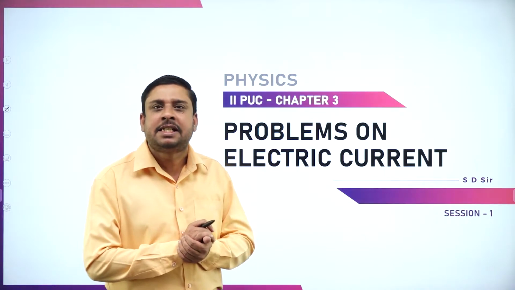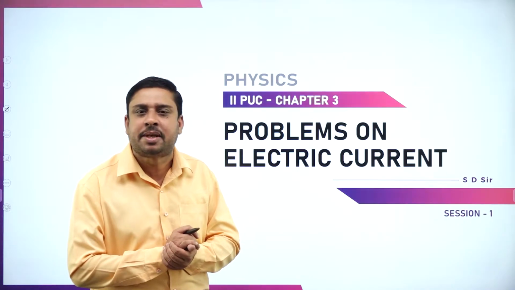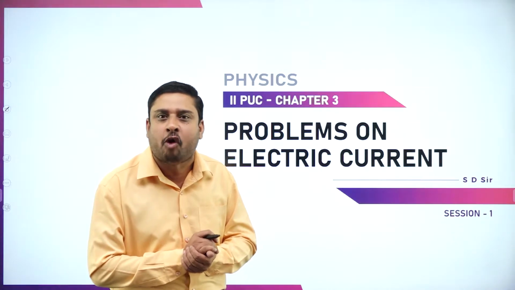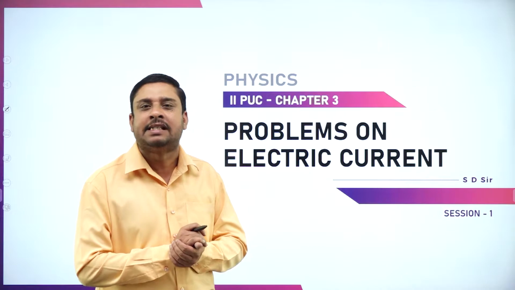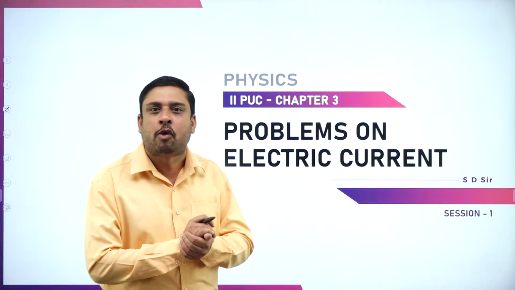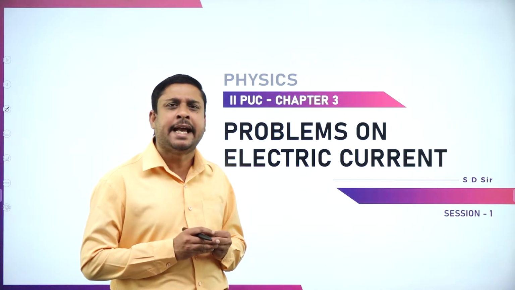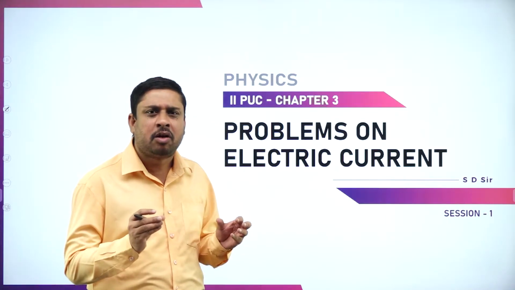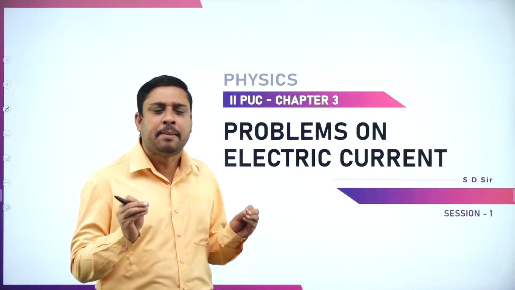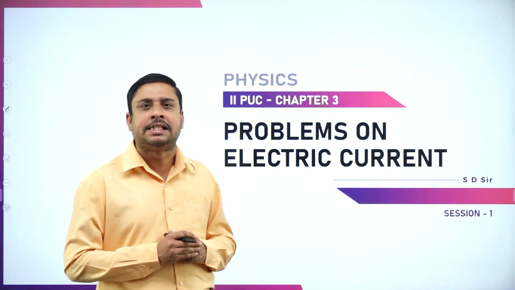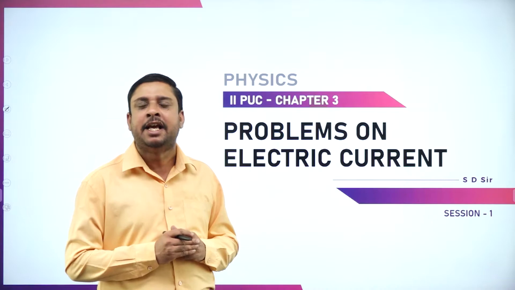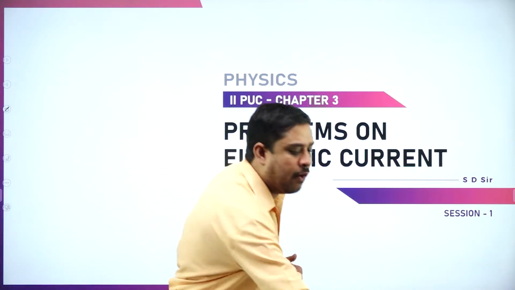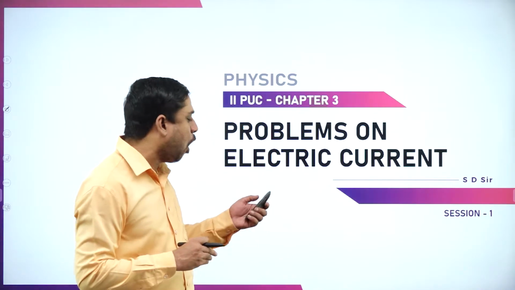The last section of the question paper, problem number 34, is always allocated from this chapter. Again, as I told, simple concepts, simple equations, very easily you can solve problems from this chapter. So we start discussing the problems.